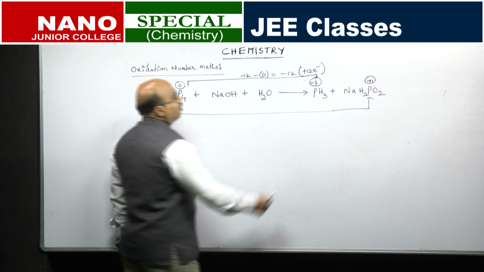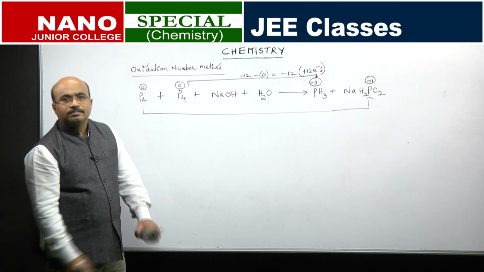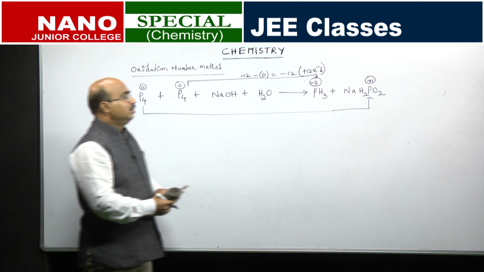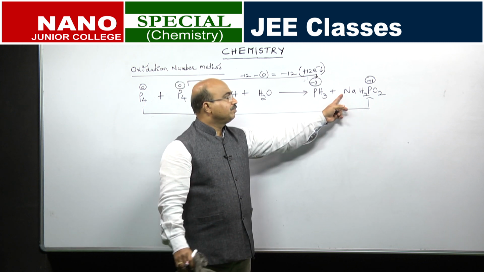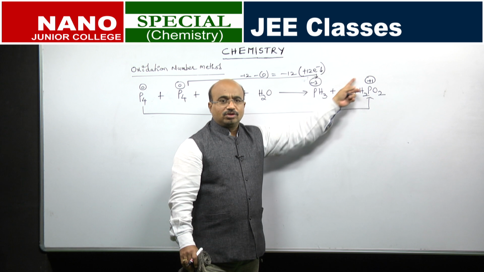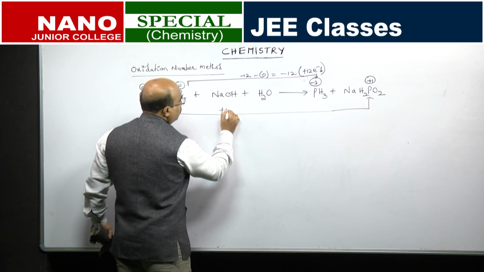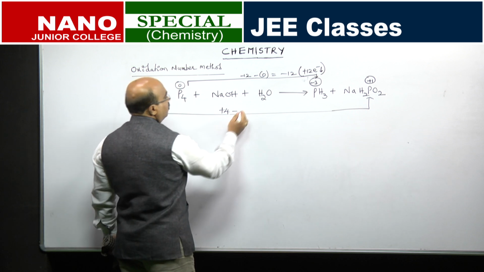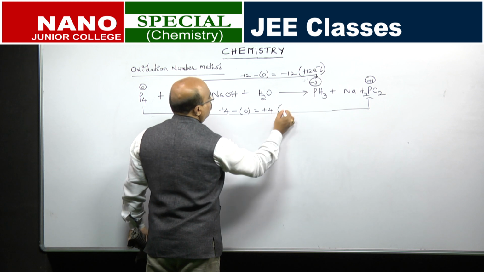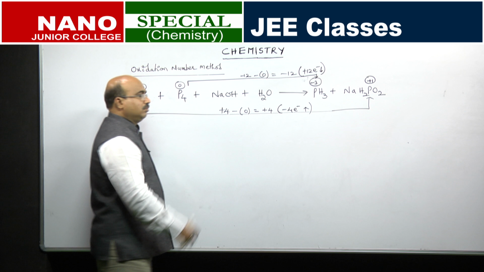So, you can write 12 electrons gained, going downwards. In this case, there are 4 phosphorus here, so each one is +1. So, the total charge here has to be +4 minus this 0 again. So, +4, that means 4 electrons are lost, just gone out.